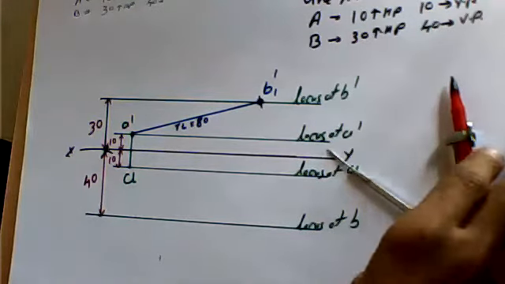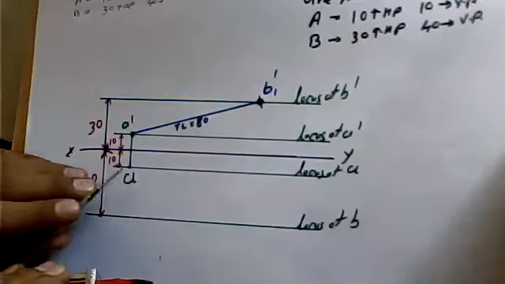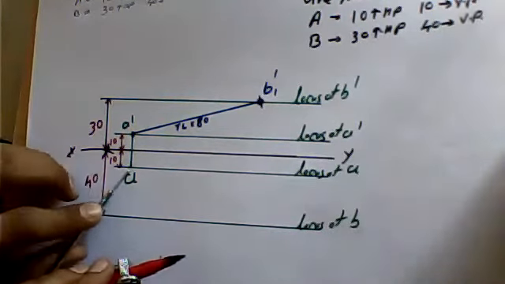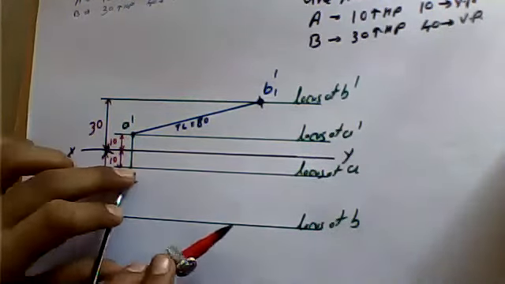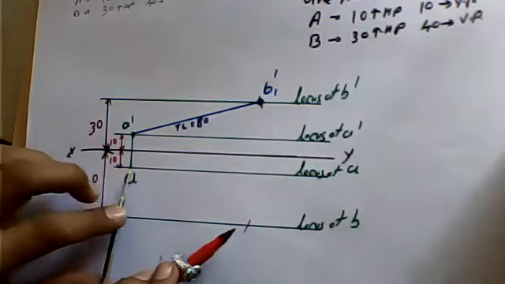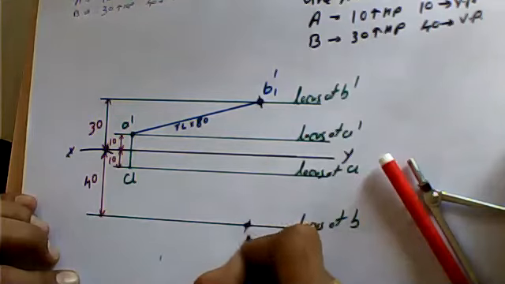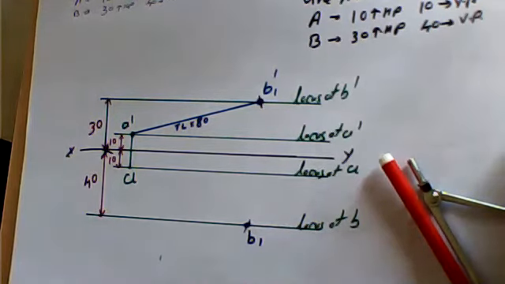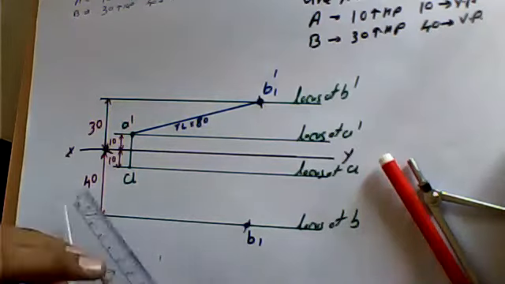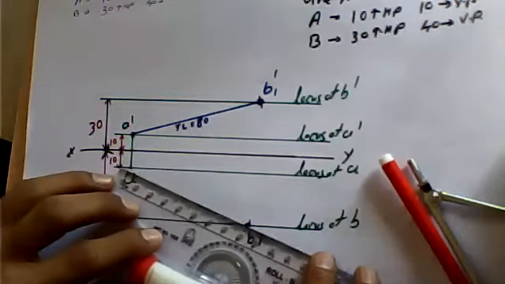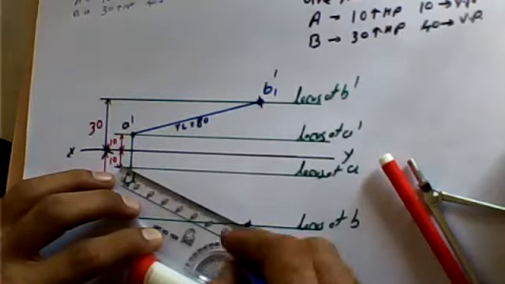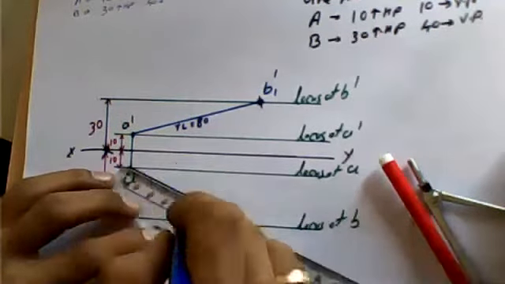In a similar manner, I need to draft the true length in the plan also. For that, I position the compass at A. I'll make an arc on the locus of B, and the position is going to be called B1. I need to join AB1, so I'm joining AB1, which represents the true length.